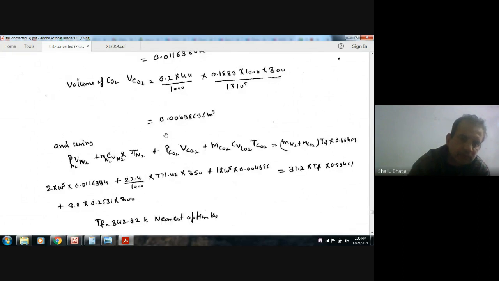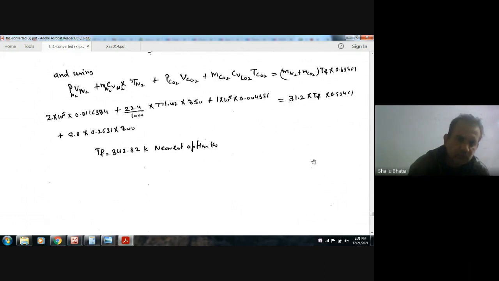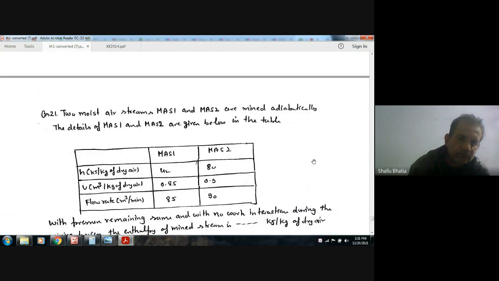Now, using this, the total enthalpy of the N2 plus total enthalpy of CO2 is equal to total enthalpy of the mixture. This is the same procedure. Okay, so the answer is 342.